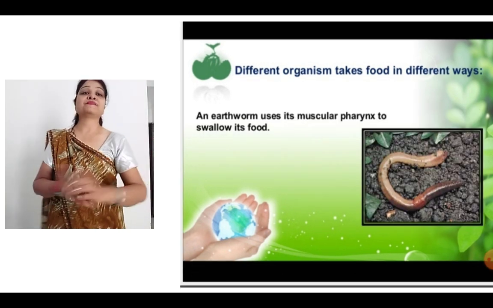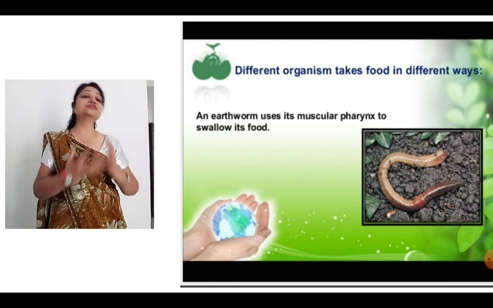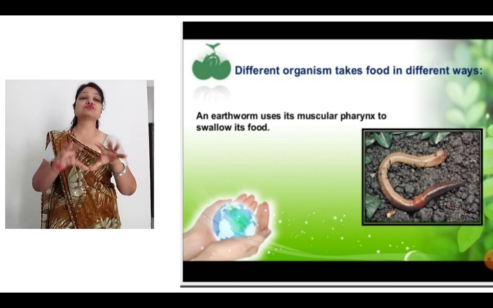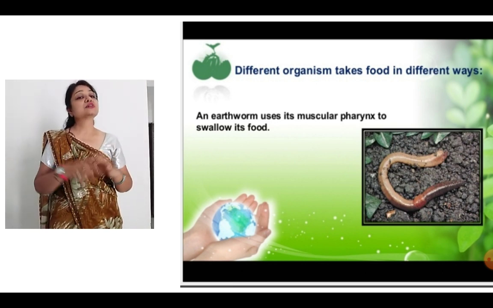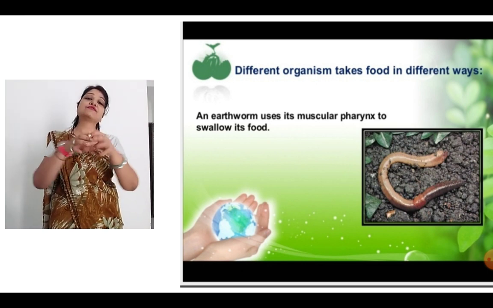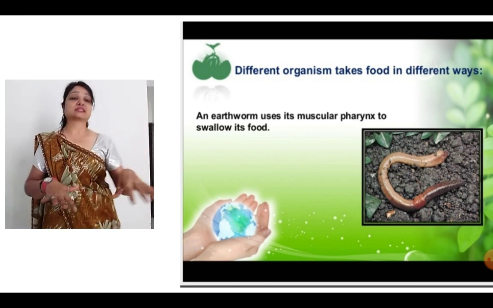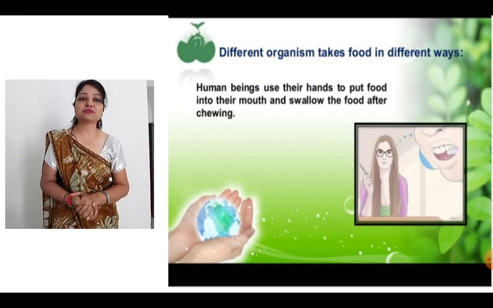Right, you know that. Next picture is of the earthworm, and it uses its muscular pharynx to swallow its food. You know the movement of an earthworm? With the help of that muscular pharynx, it swallows its food and then it is pushed to the backside. Next picture is human beings.